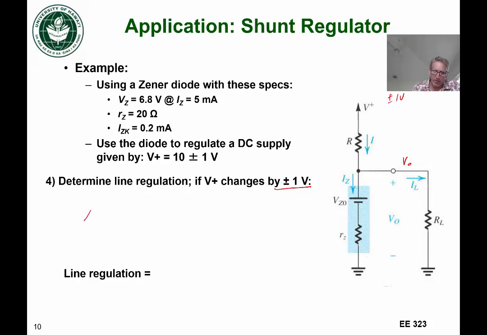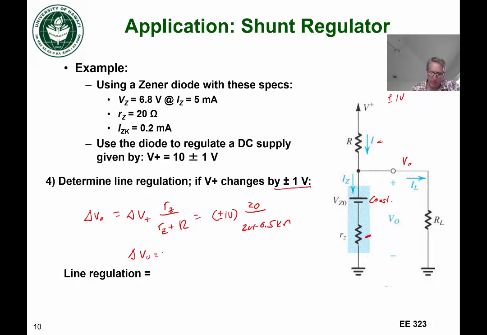Well, we can write that the change in V out is just going to look like a resistive divider now, because this is a constant, and so all we have is a resistive divider between RZ and R. So it's the change in V plus times RZ over RZ plus R. And so that's going to be equal to plus or minus 1 volt times 20 over 20 plus 0.5 k ohms.